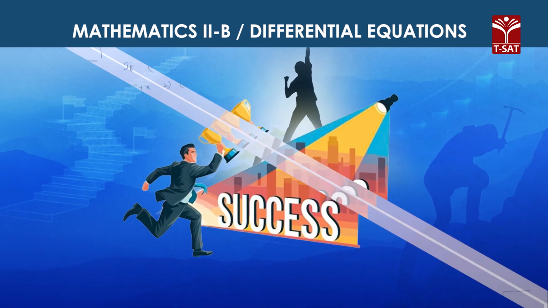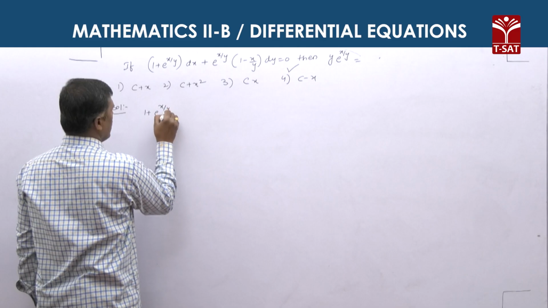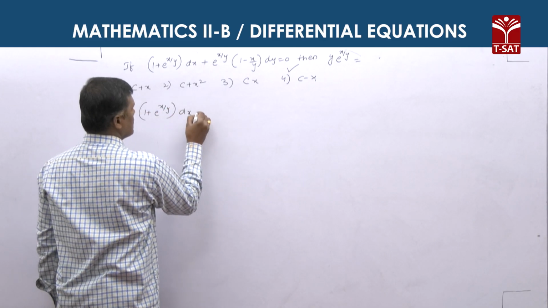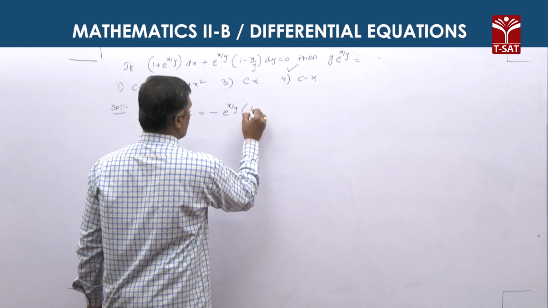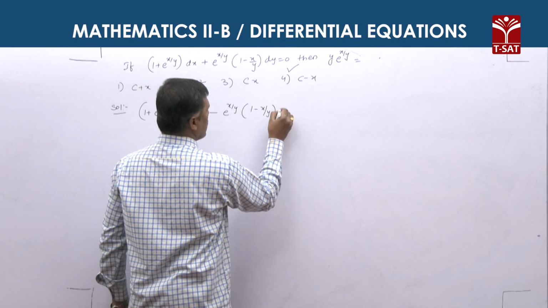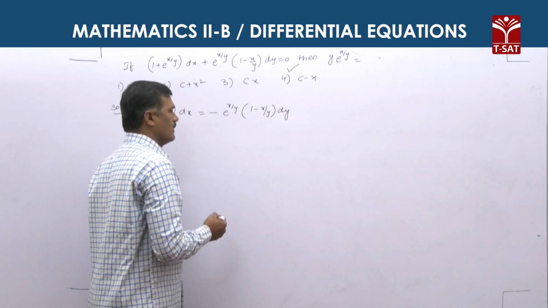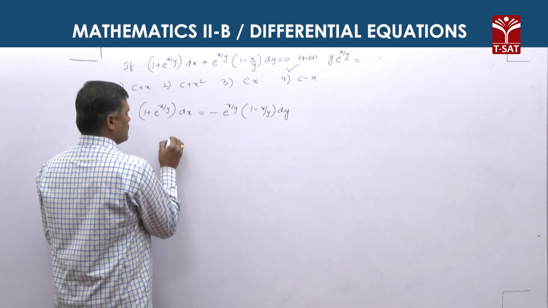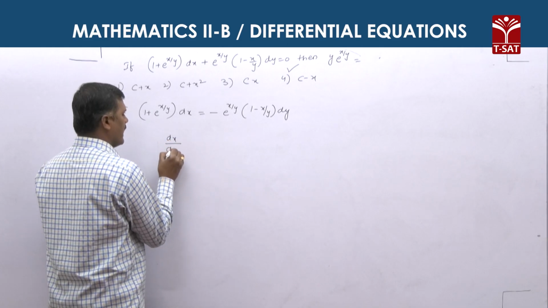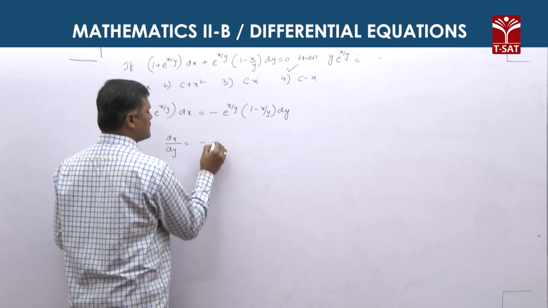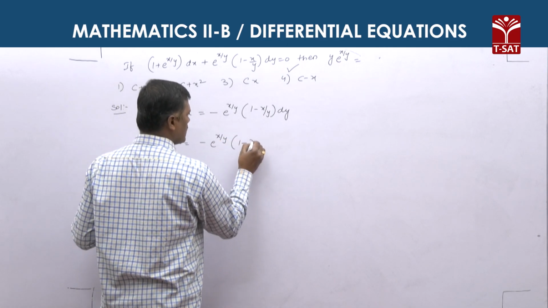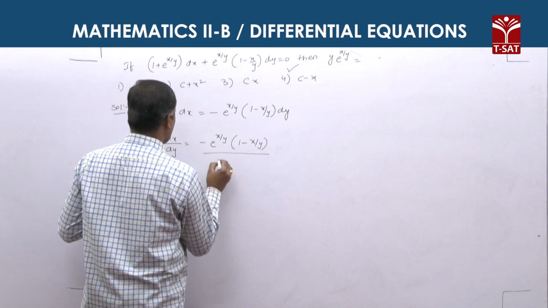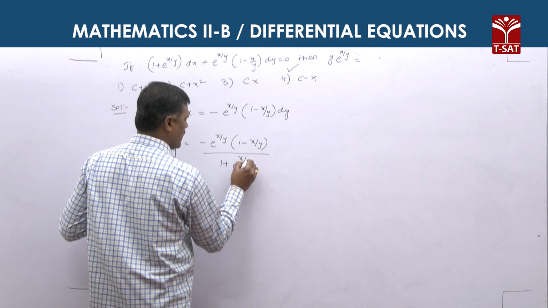The given equation is 1 plus e power x by y into dx is equal to minus of e power x by y into 1 minus x by y into dy. This can be written as dx by dy is equal to minus of e power x by y into 1 minus x by y by 1 plus e power x by y.